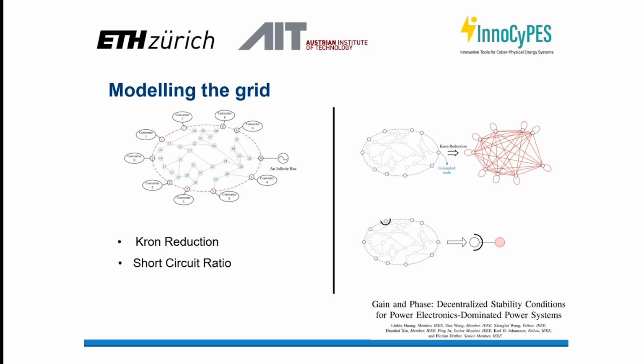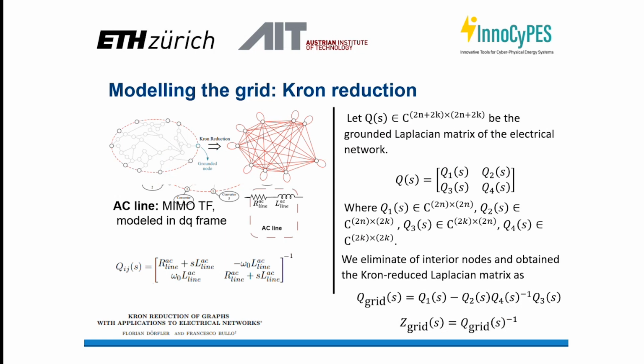So if we compare the small signal stability with the short circuit ratio and it doesn't go through, we have a problem in the system, and we need to redo some controllers or solve problems. And actually, as I said, it is widely known in industry right now. But let's start with the Kron reduction.